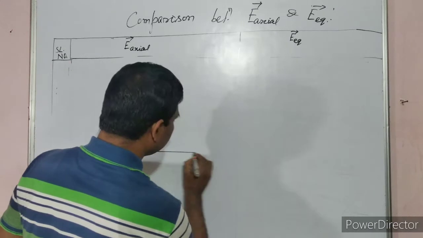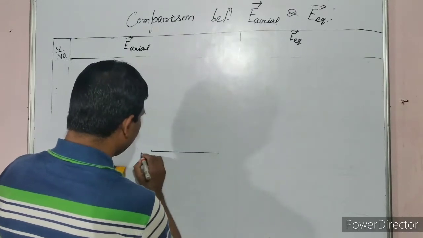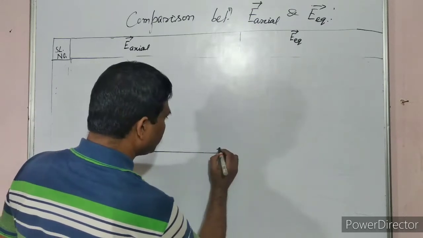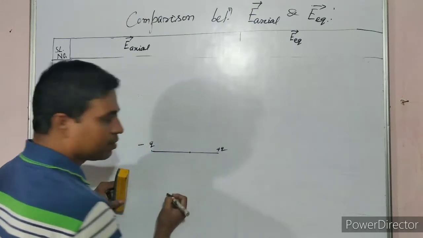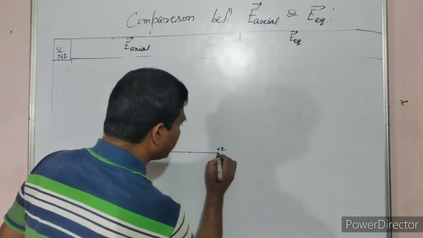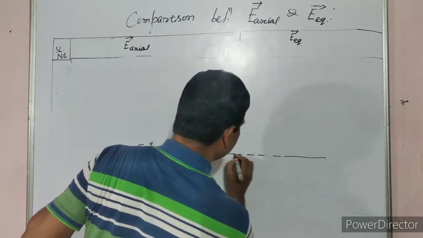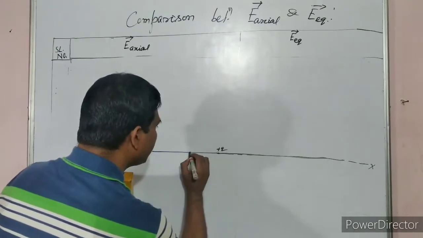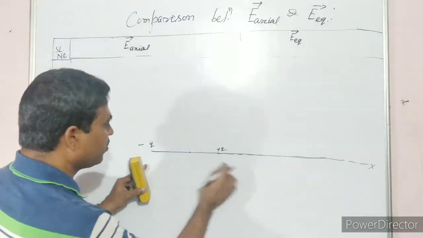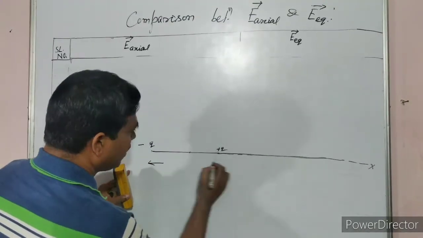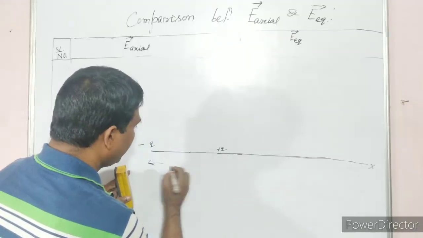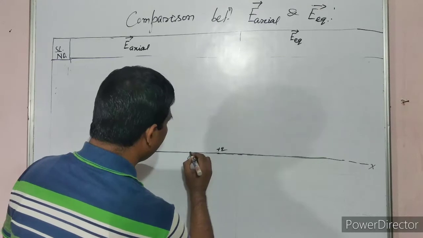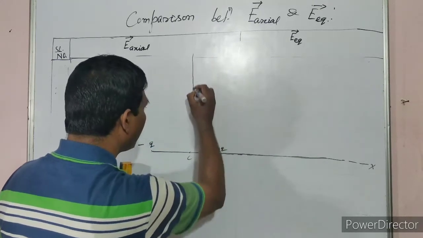Suppose this one is minus q and this one is plus q. This is the center. If you extend this, what you get is the axial line. Suppose it is the x-axis, and from the center of the electric dipole this distance is 2A. Center O, suppose.